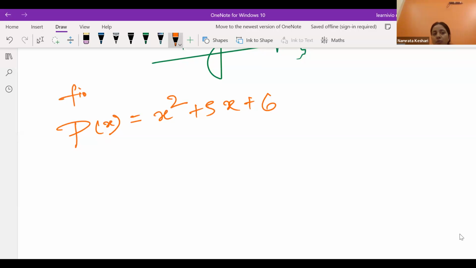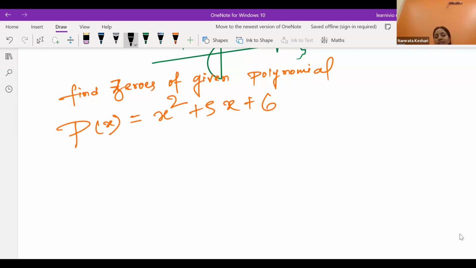Find the zero of the given polynomial. It's -3 and -2.